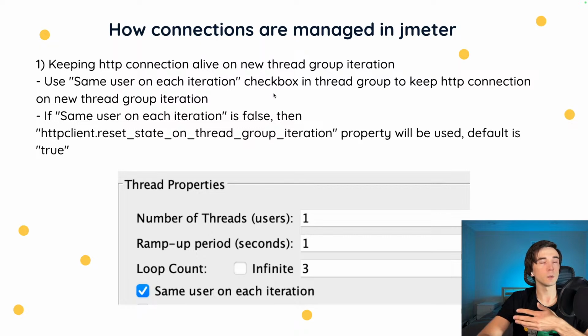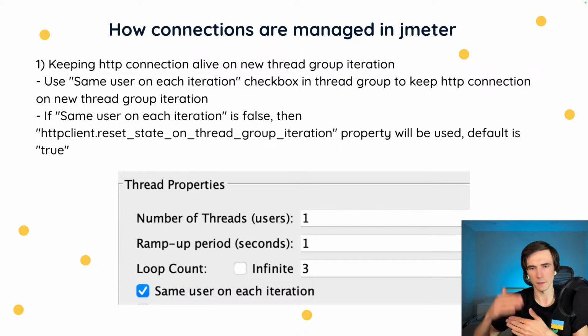If it is unchecked, then it will use the HTTP client reset state on thread group iteration property, and by default it is true. So when it is selected, it will reuse the connection. If it is unchecked, then it will create a new connection for each thread iteration.